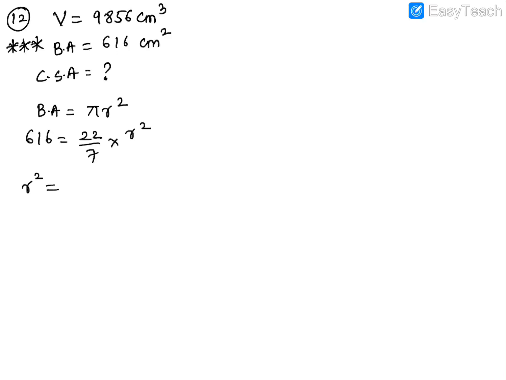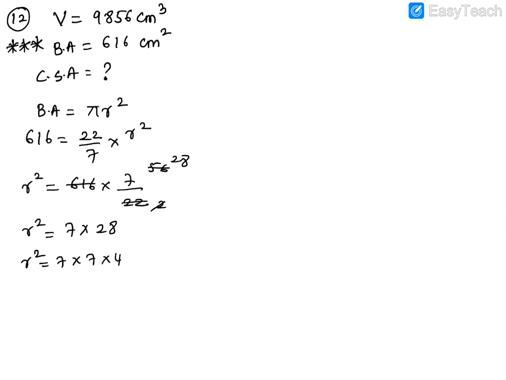So r squared is equal to 616 into 7 upon 22. 11 2s are 22, 11 5s are 55, 66, 11 6s are 66, 2 1s are 2, 28s are 28. So what will you get? 7 into 28, which can be written as 7 into 7 into 4. So what will r squared be equal to? What will r be equal to then? 7 into 2. So the radius is equal to 14 centimeter.